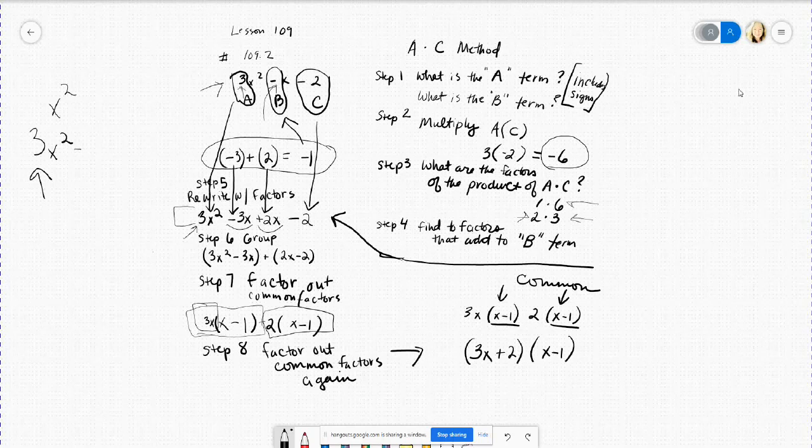Well, it's this whole thing. It's x minus 1. So that is a common factor. So we can factor that out and rewrite it right here. And then what's left over is 3x, and see my little plus sign right here, plus 2. 3x plus 2. So these are our two factors. That's your answer right there.